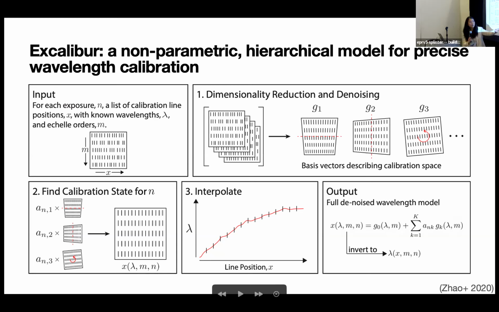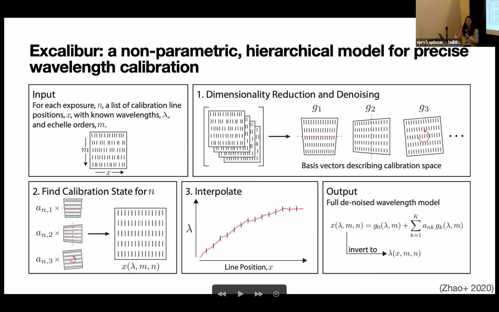When you have these denoised lines, you can then do a non-parametric interpolation between the different lines, rather than a polynomial, for example, and use that to derive a wavelength calibration for each pixel in your detector. Because it's hierarchical, you get more information than just one LFC at a time. You learn about your instrument, you learn more about where the lines are, and you get a better, more precise wavelength calibration in the end.